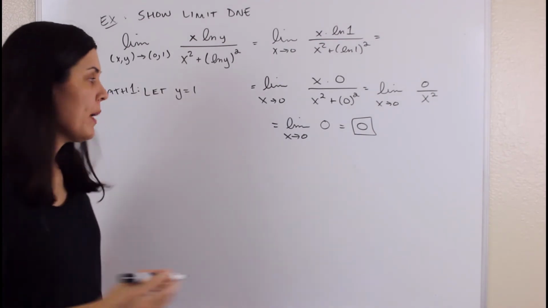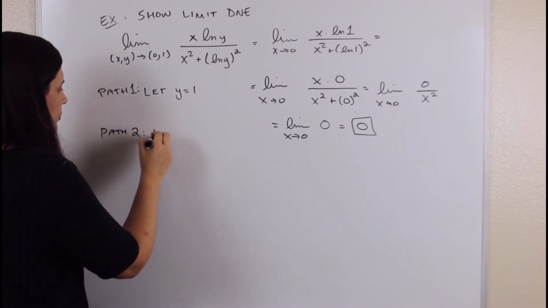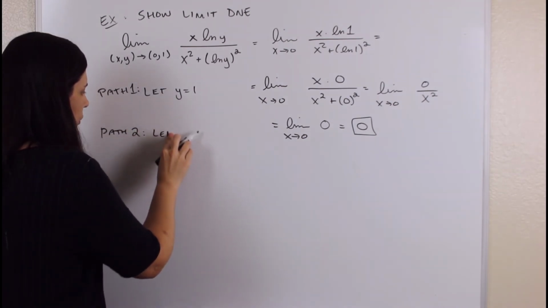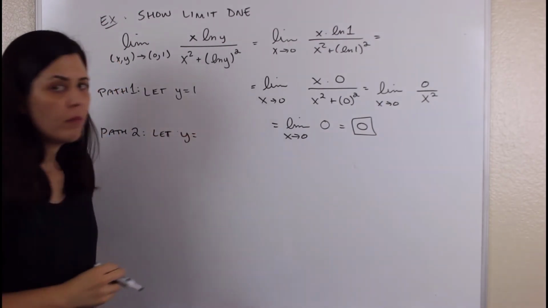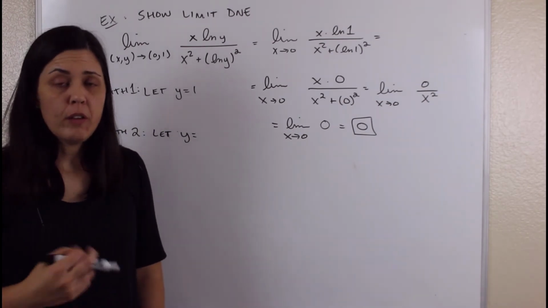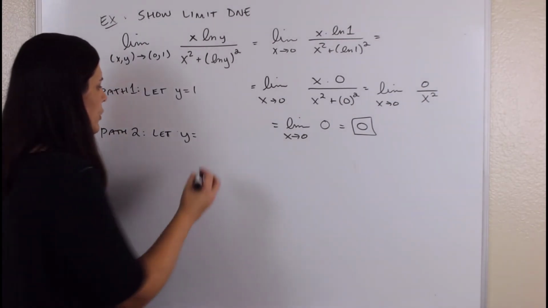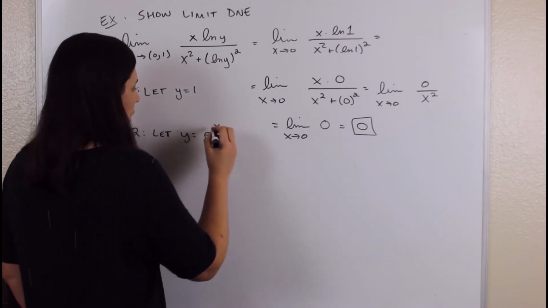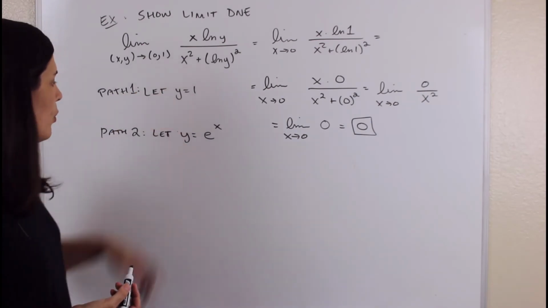Let's try a different path and see what we get. So path 2, and let's see what's a good path if I think about the fact that I'm using natural logs. Maybe I should introduce e to some power. And so what I'm going to do here is let my second path be e to the x. Now we have to make sure that we're still going to approach the same point.